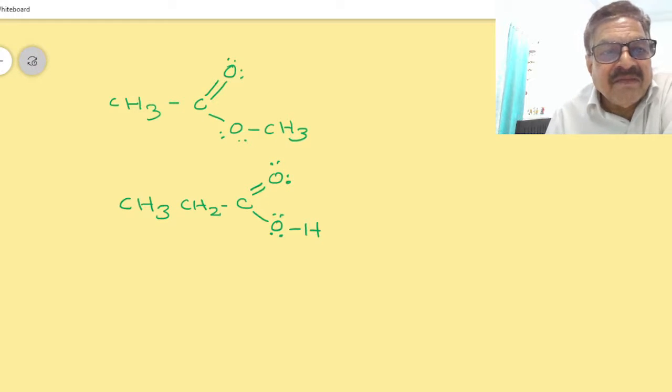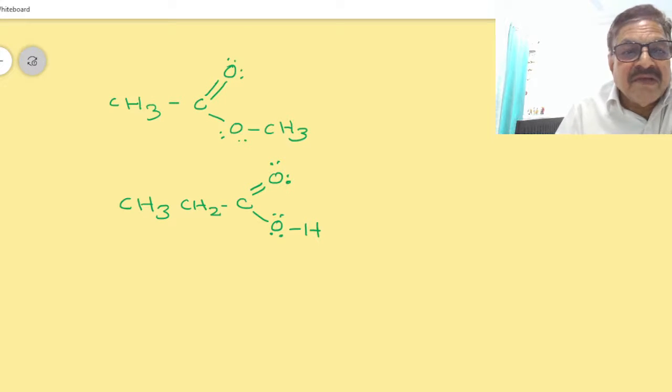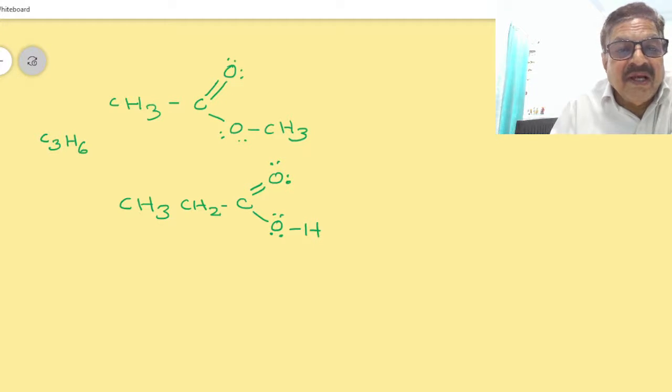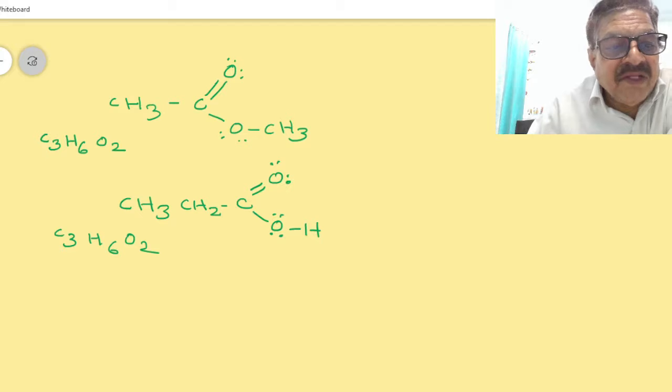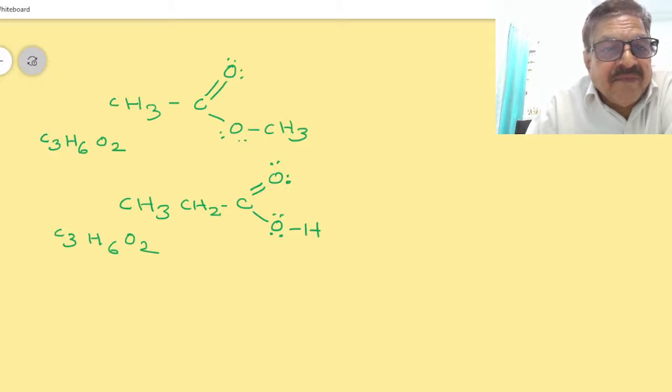You can see the molecular formula: this is C3H6O2, and this is also C3H6O2. Therefore, these are isomers, having the same molecular formula, correct?